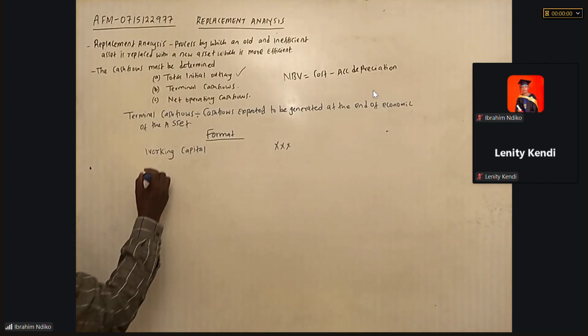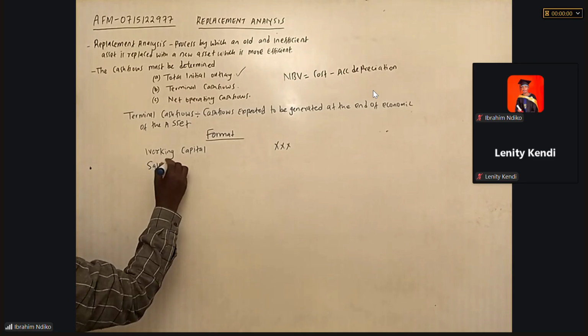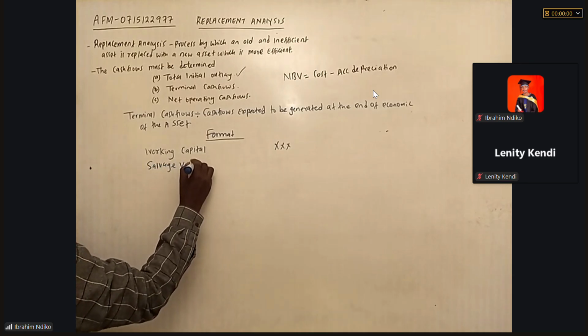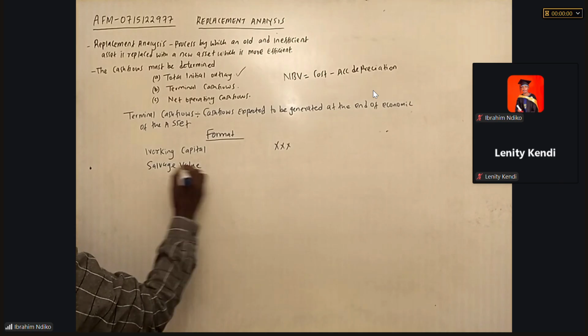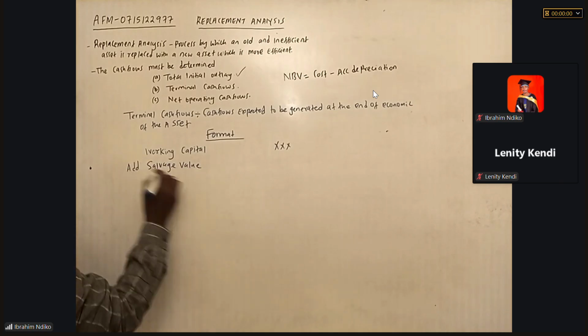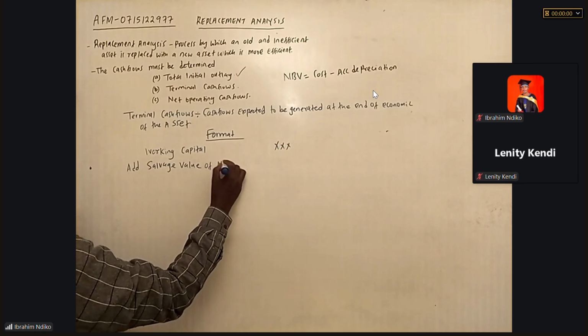Then we add salvage value: the salvage value of the new machine, for the new asset.